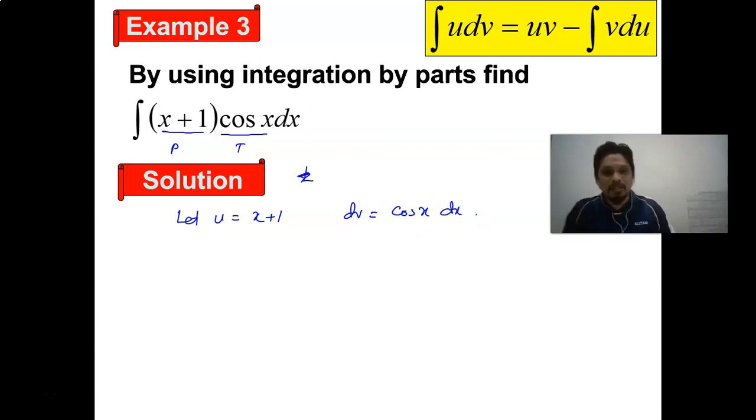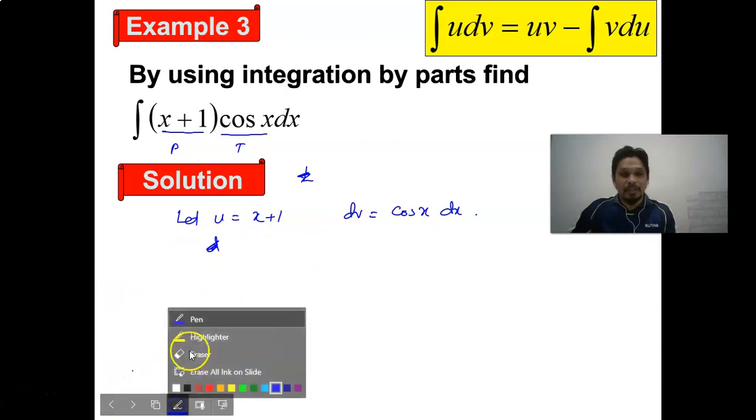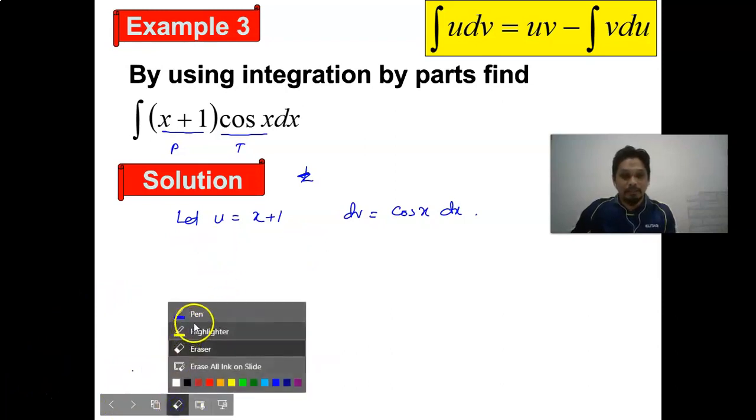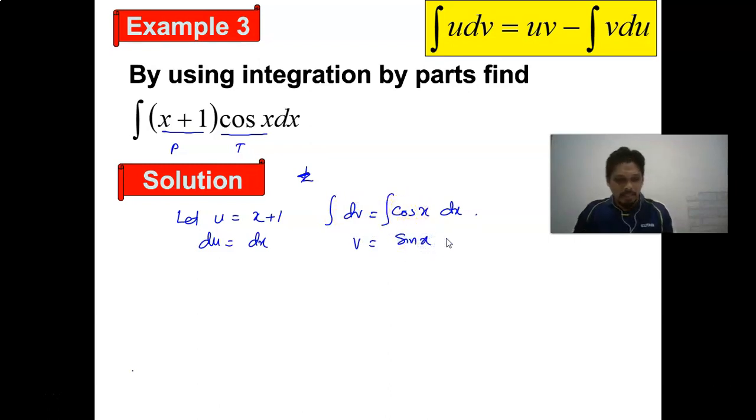LPET, polynomial comes first, and then trigo at the end here. So then du equal to 1 dx, and integrate left and right. So the integral of 1 with respect to x, v equal to, and integrate cos x, it gives sine x.